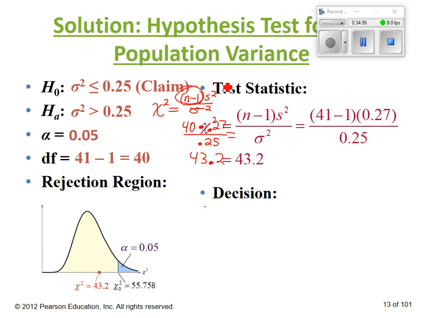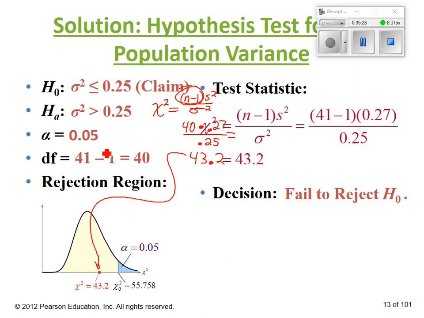Then we just see where that falls. Looks like it falls somewhere about in there. And that tells us to fail to reject the null. And then once we fail to reject the null, we're going to say with a 5% level of significance, we go to the other chart in here. Our claim was our HO. We failed to reject, so we're here.